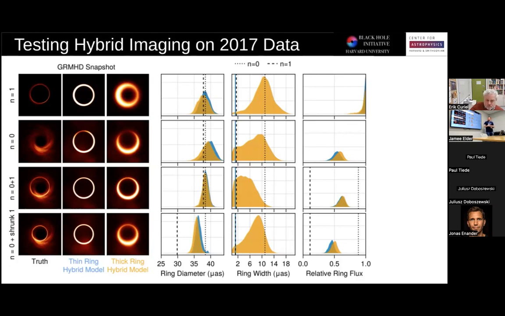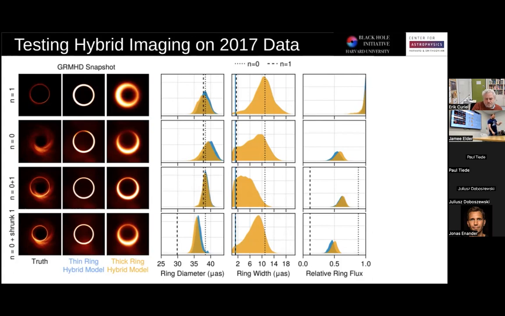So claiming that this is a reliable estimator of the mass or of the n equals 1 properties is probably not accurate. It may be in a certain regime, maybe in a certain accretion flow style, but I wouldn't say, agnostic a priori, that it's going to be a reliable estimator.